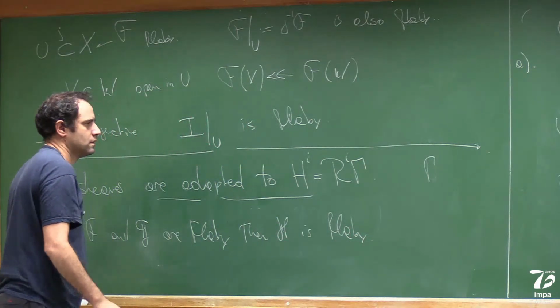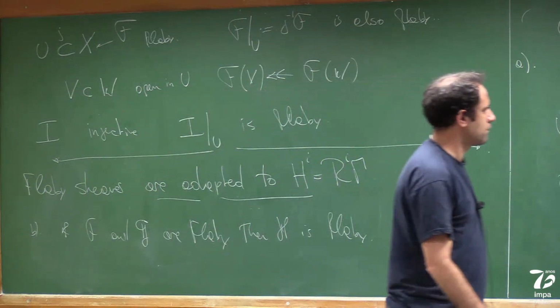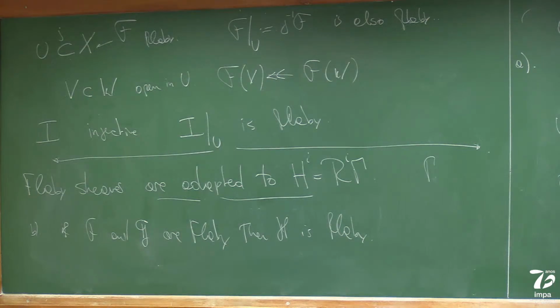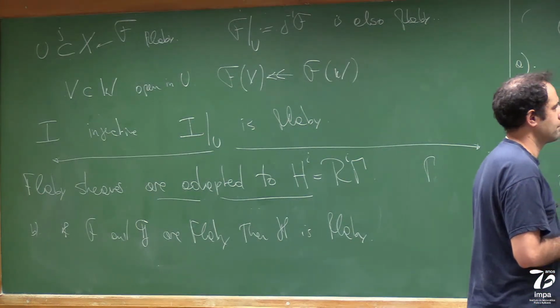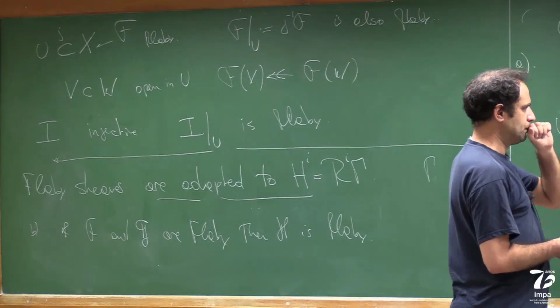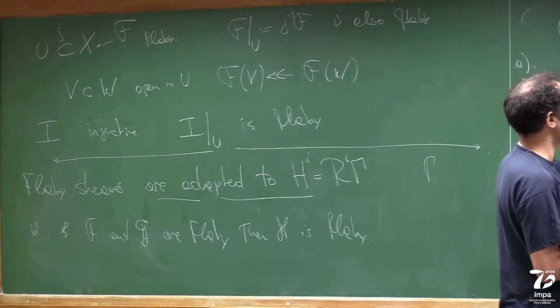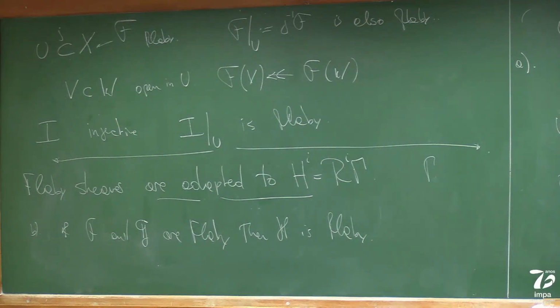Okay, so let's start from here. Here we'll need something non-trivial. I want to prove that this sequence is exact, so that this map here is 0.